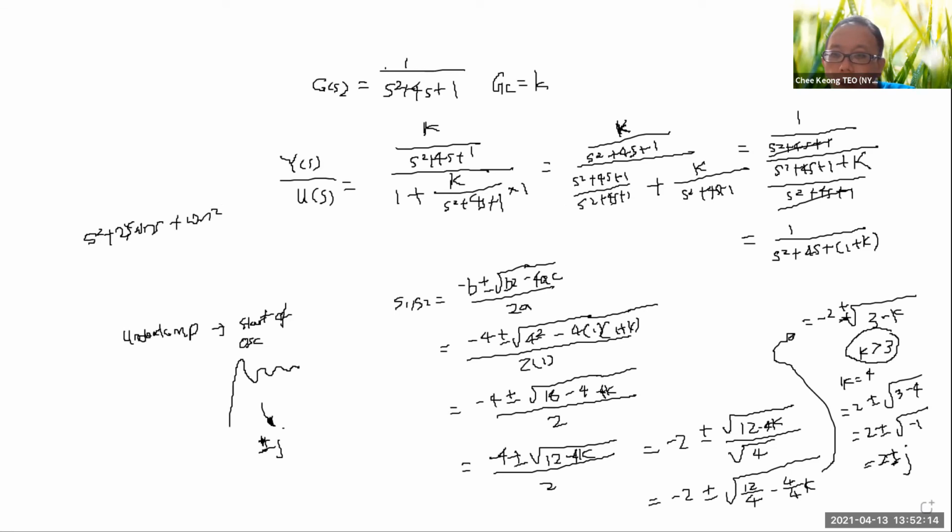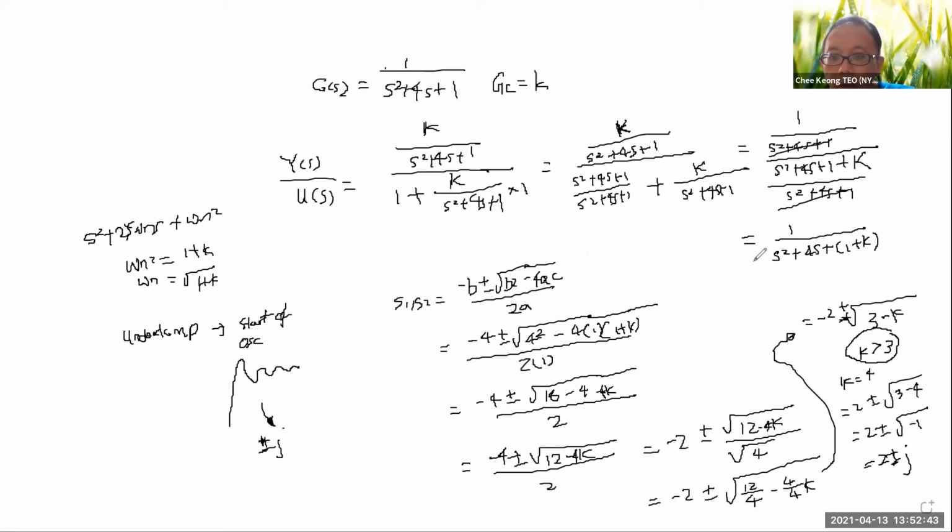So if you want to find the relationship with natural frequency, the non-s term, that means omega n squared, if you equate it to 1 plus k, then omega n will be the square root of 1 plus k. So what is the effect of k on natural frequency? Increasing k will result in omega n increasing at the square root rate. So that's the effect of k.